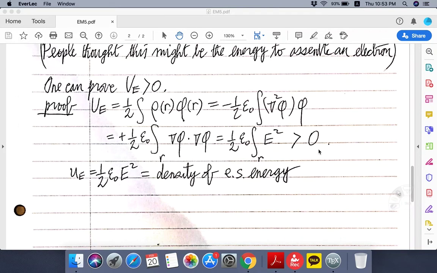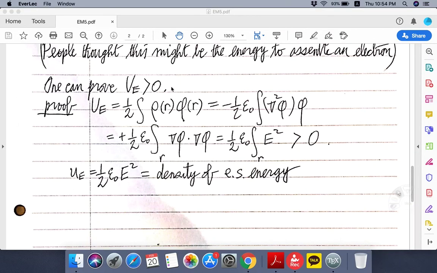So you must do work to assemble the charges into a certain shape, and that means creating such a charge distribution will cost you a finite amount of energy, which is positive, not negative. So this theorem that the self energy of a charged object has to be positive does make a lot of physical sense.